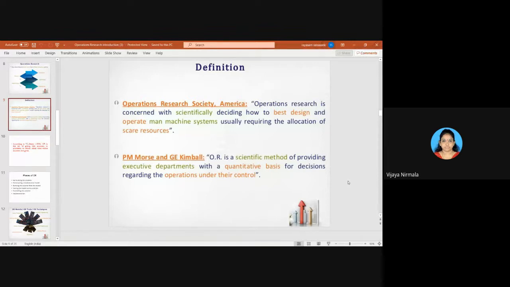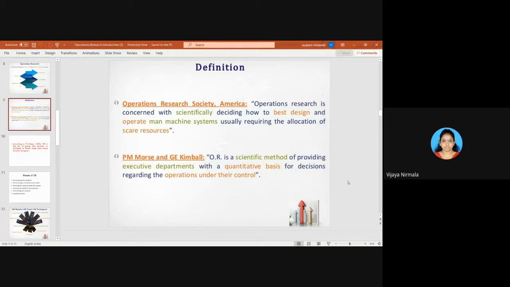It is not about getting other resources. With only the available resources, how can you give the best output, that is, how can you maximize the profits and minimize the cost. So that you decide, right? That is called operations research. This is one definition given by the Operations Research Society of America.